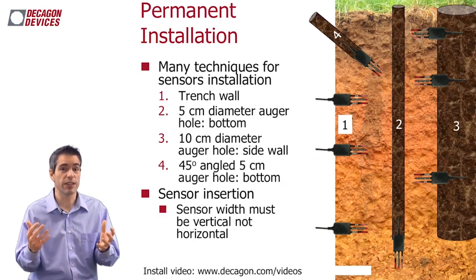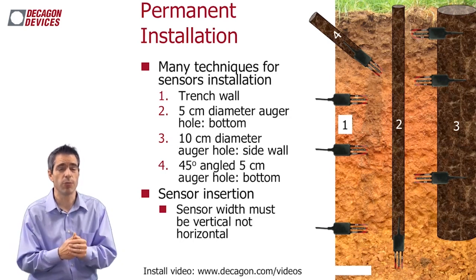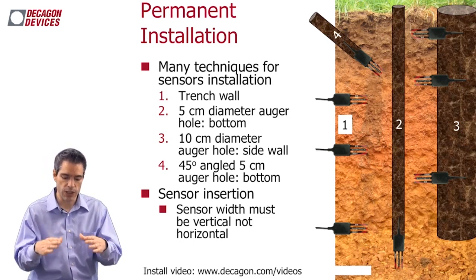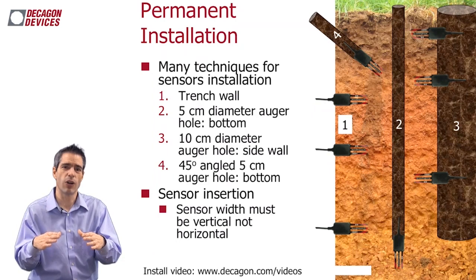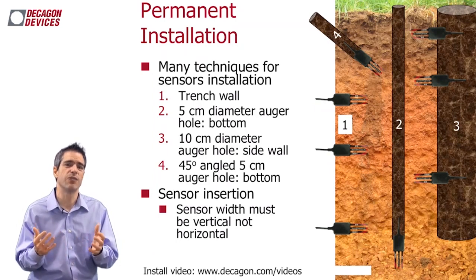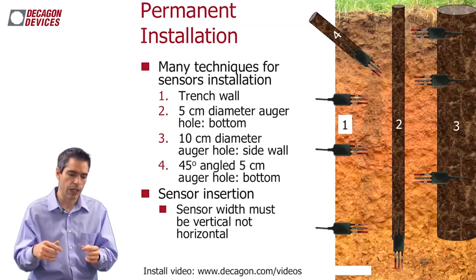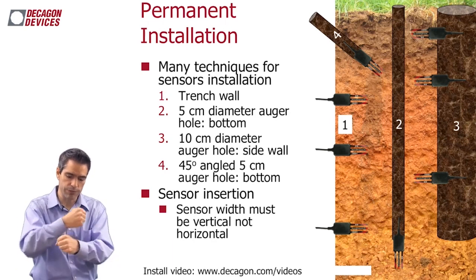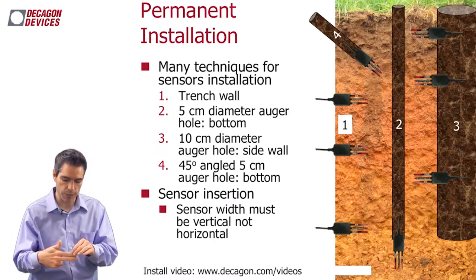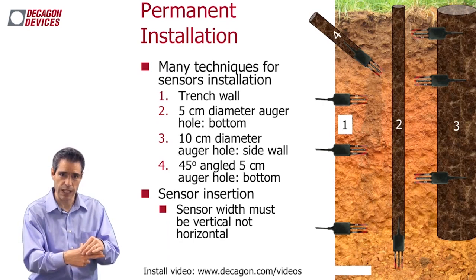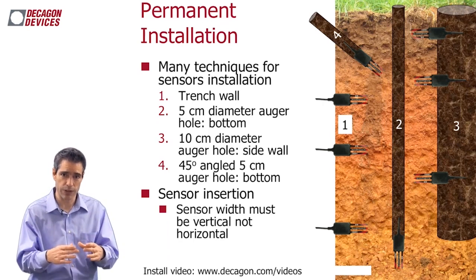And I've seen some other techniques that might be just as useful. Number 3, for example, augered a 10 centimeter hole and then used a device they had crafted themselves to turn at the top with a screw, and that basically shoved the sensor into the side of that 10 centimeter borehole, which ended up being a very good technique for those guys to use.